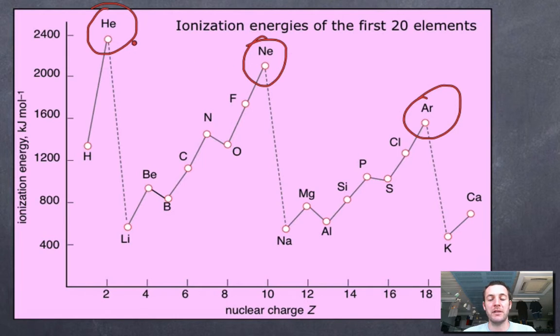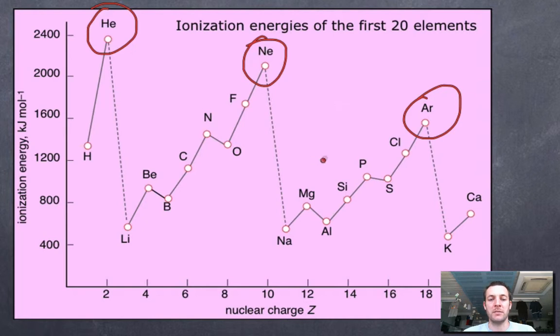So it might not be surprising to see that the atoms with really stable electron configurations are the ones that it's hardest to remove electrons from. If they've got an arrangement of electrons that makes them very stable, they're not going to want to lose electrons.